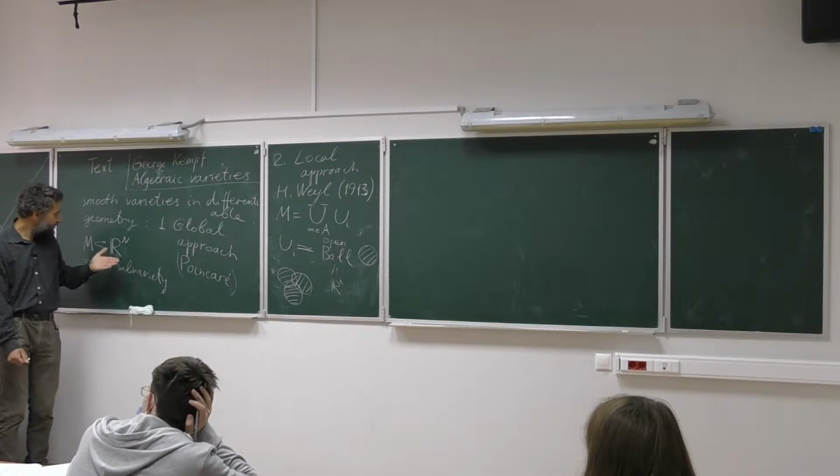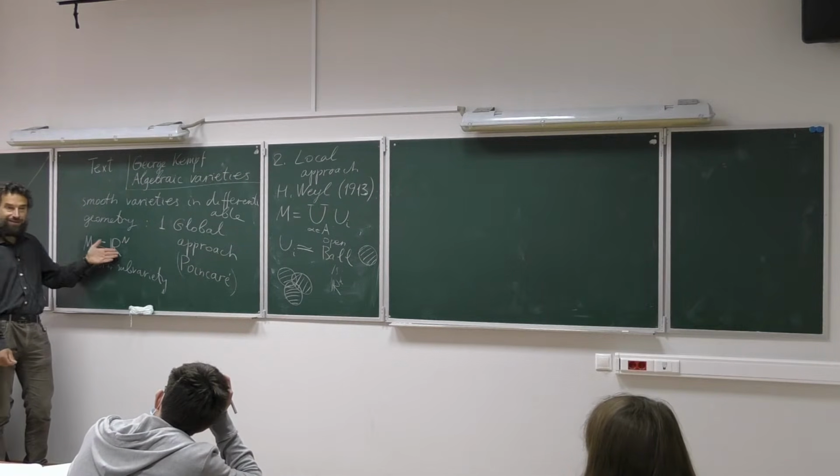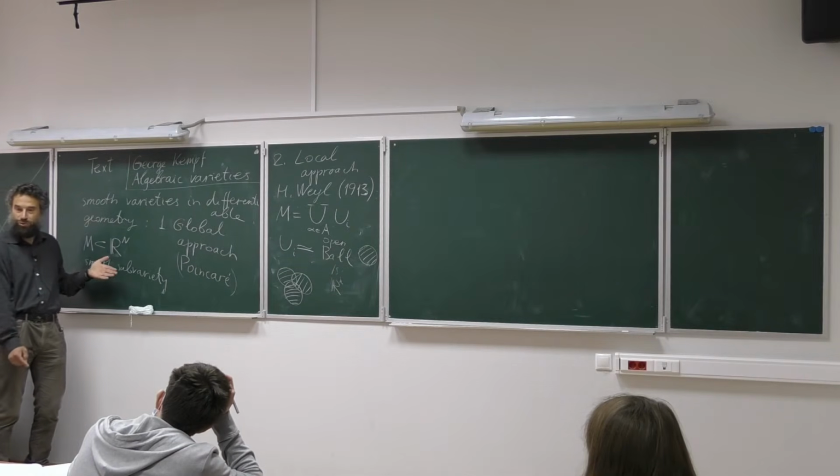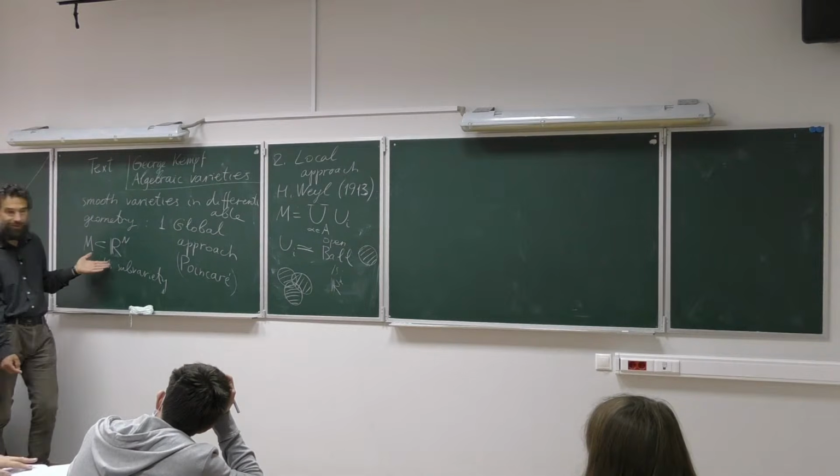Because how do you identify two things like this? They may be embedded in two different ways, in two different spaces, and then how do you prove that they are isomorphic, or even how do you define that two are isomorphic?